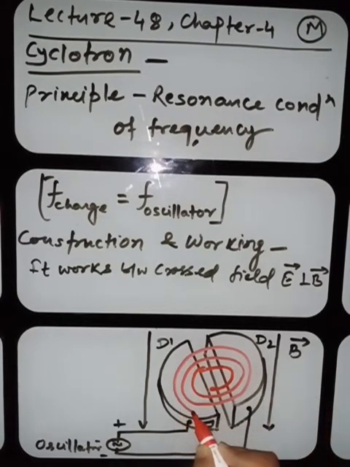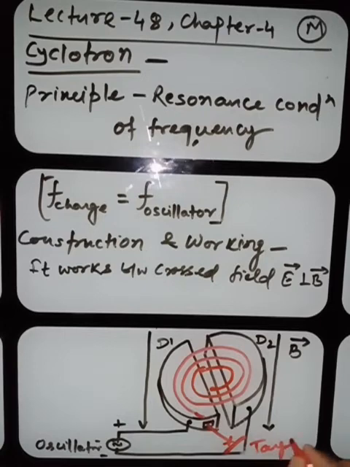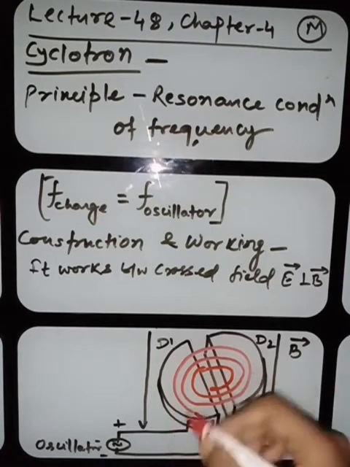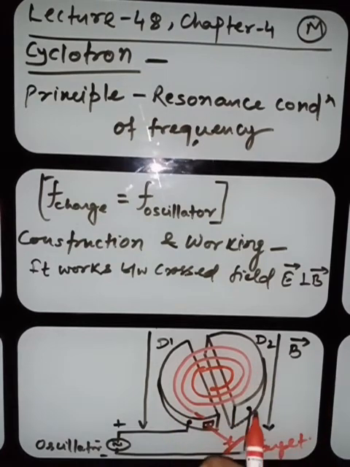After some time it leaves the D's by this window and hits the target. This is the target. After increasing its radius, its energy increases after each rotation, enormously, and then it hits the target moving out from the window. This is the working of the cyclotron.